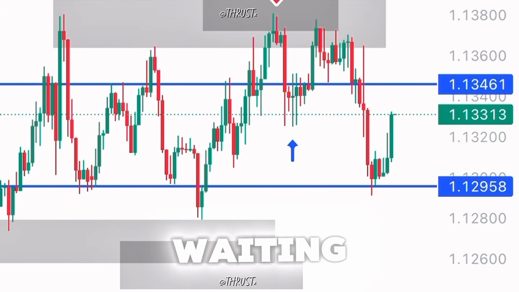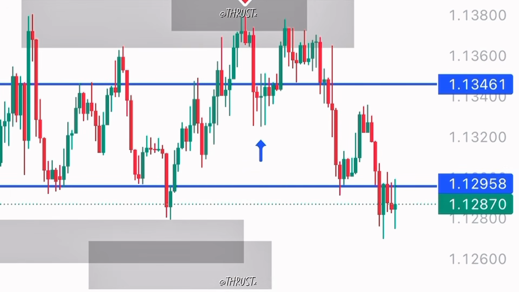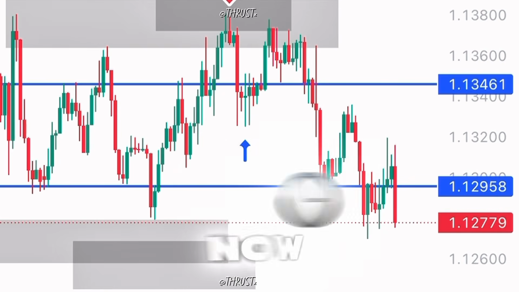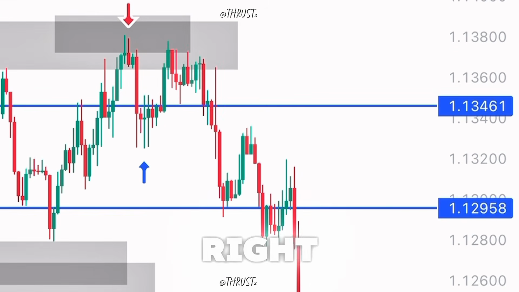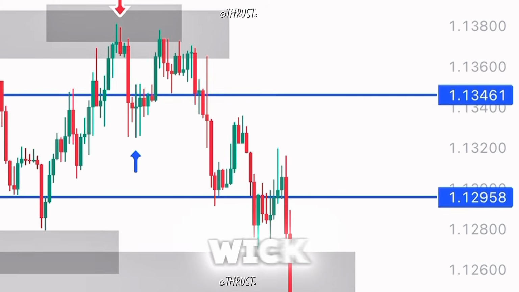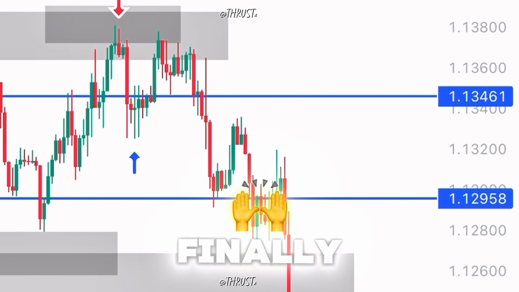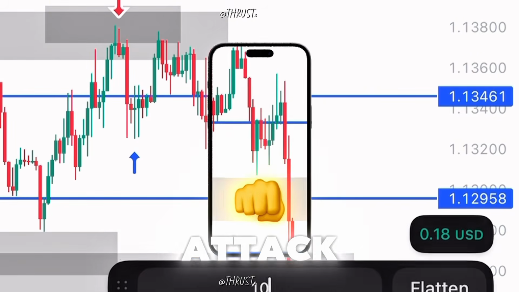Now we are waiting for the downside here to be hit, which is almost now at the moment, like right there. Always make sure price is really hit, not just touched with a small wick. It has to be really hit like there, and then you can finally put your positions and attack.